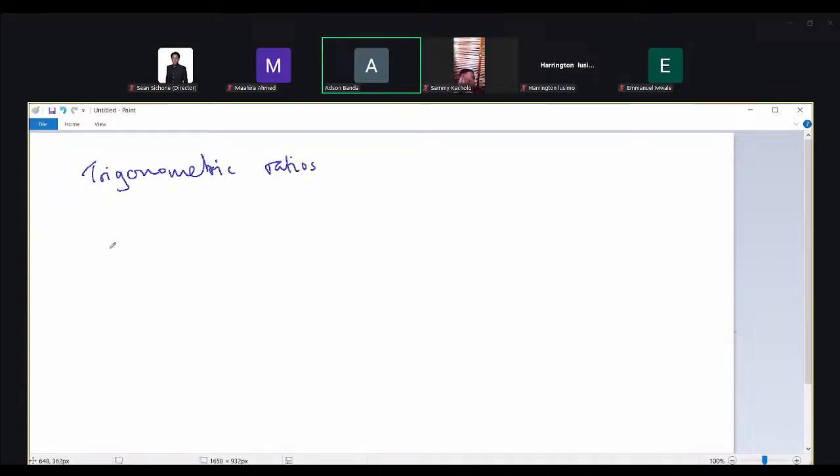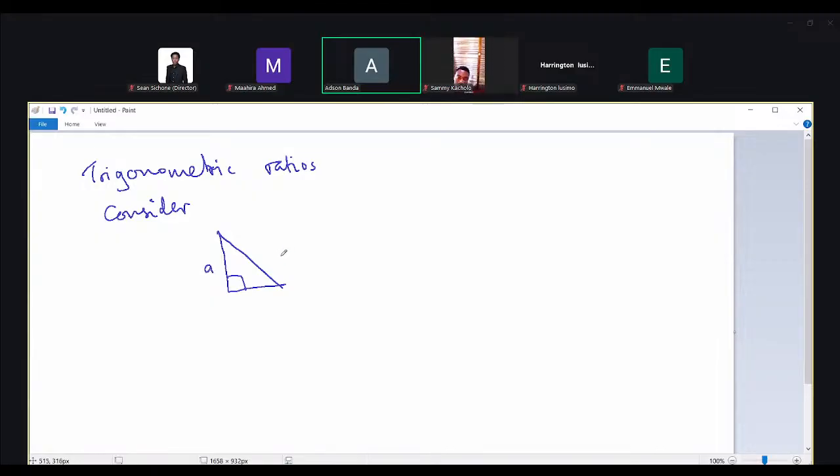So let's consider the right-angled triangle, which I will draw as follows. I hope my drawing is okay. It's not very nice. Right, so let's consider the right-angled triangle.